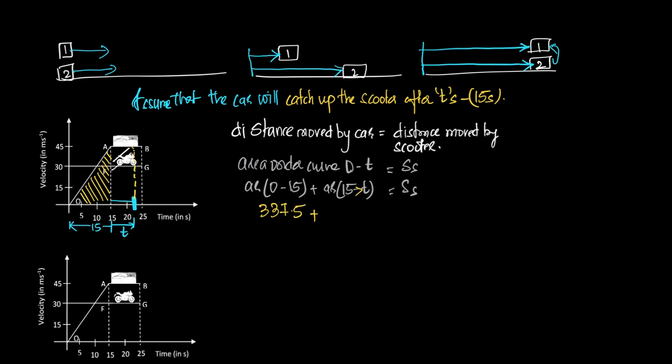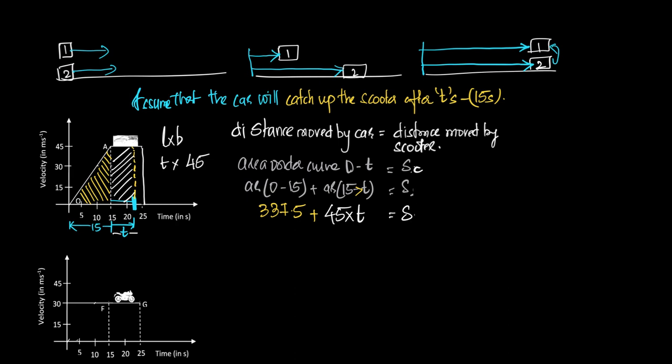Now, what is the area of a rectangle? It is length into breadth. What is length here? Length is time, because it is t. What is breadth? Breadth is this much distance, and how much is that? It is 45. So this becomes 45 into t is equal to the distance moved by the scooter. Sorry, the distance moved by the car. I'm sorry. This is the distance moved by the car.